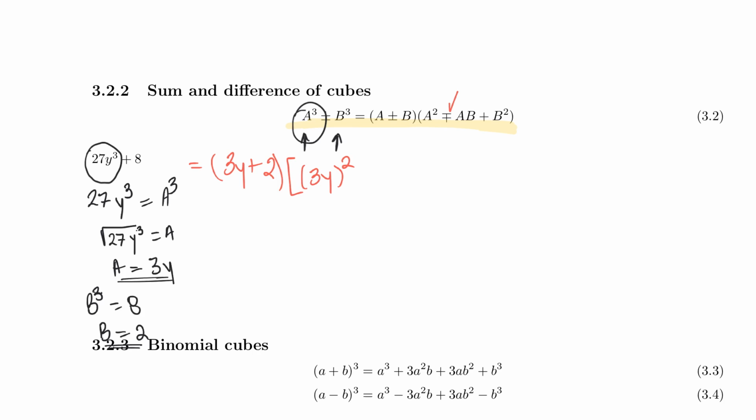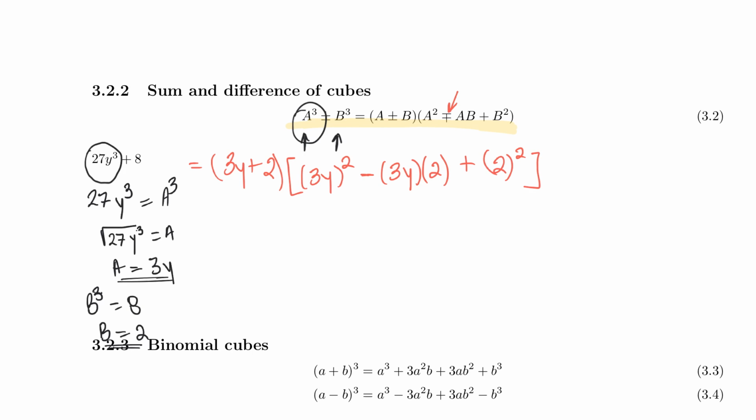And then you see here that the sign changes. When we have a plus in our binomial, we get a minus here. So it alternates. Here now is minus A times B, A is 3y and B is 2, plus B squared, that will be 2².